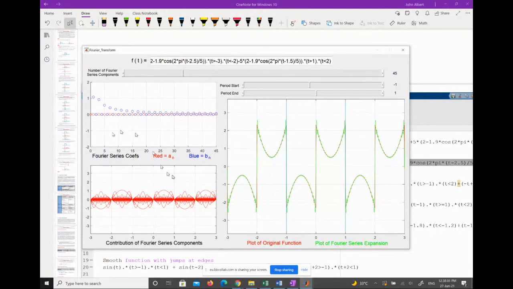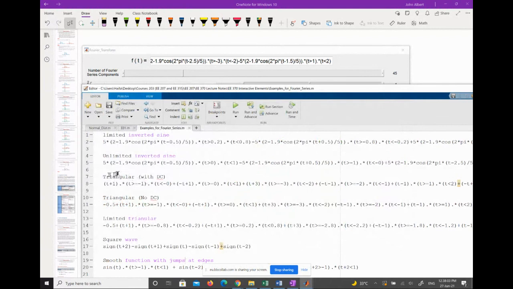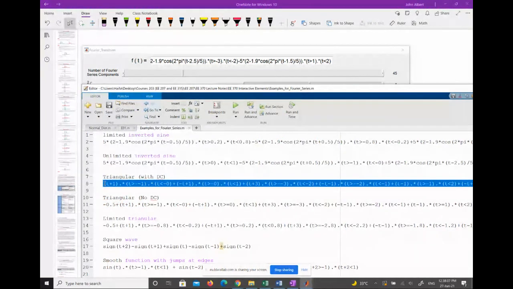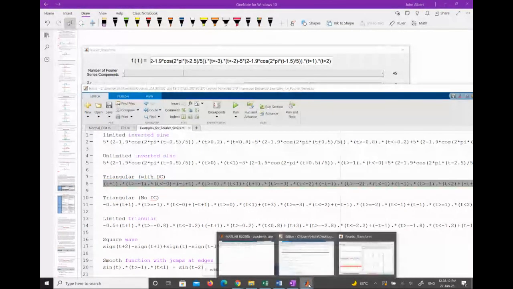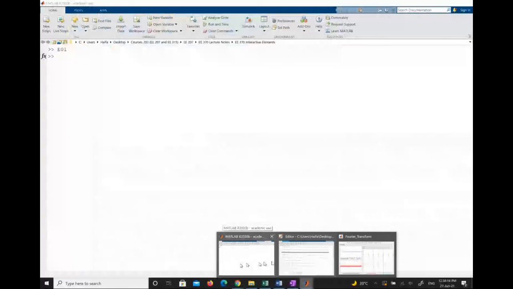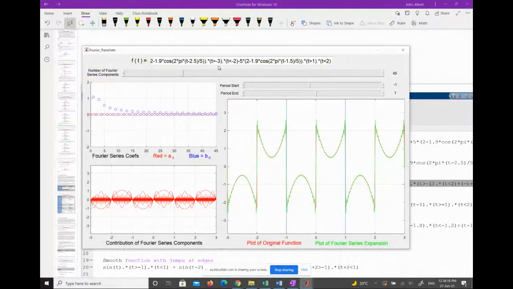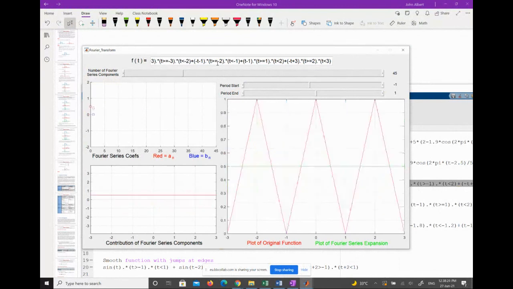Let me go to another signal, maybe more fun. Triangle wave. Now, the triangle does not have a discontinuity. The triangular wave, at least the one that I'm showing you, does not have any discontinuity. So you'll see that with only a few sinusoids, you can in fact represent it.